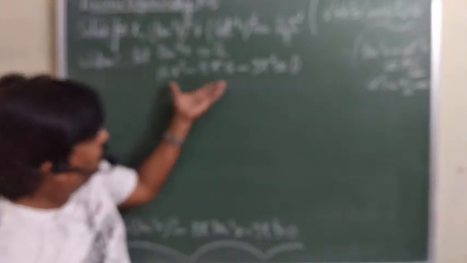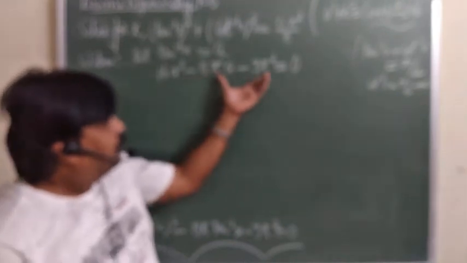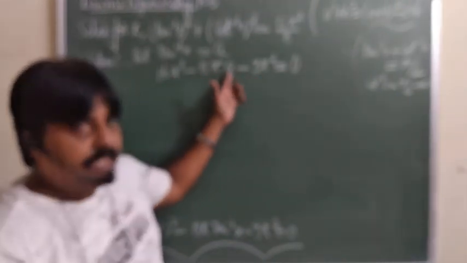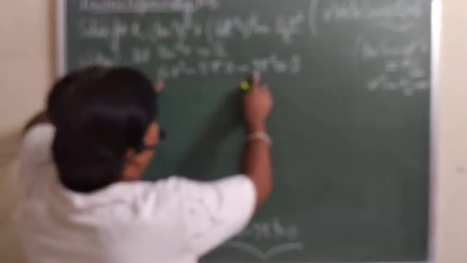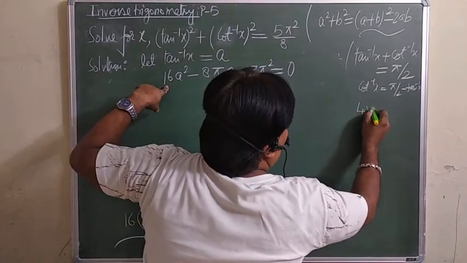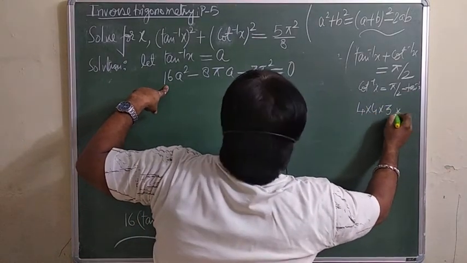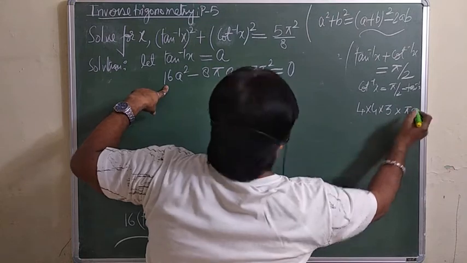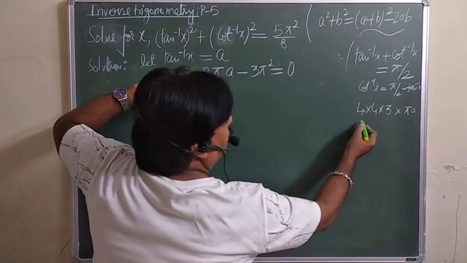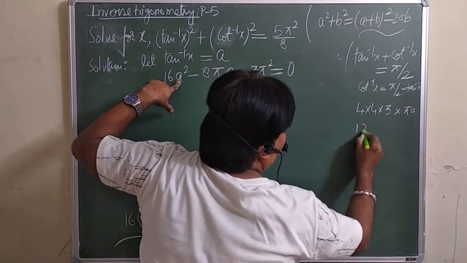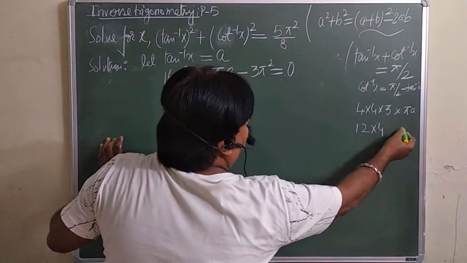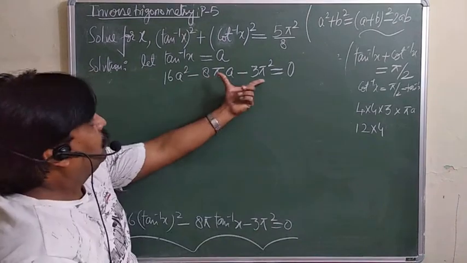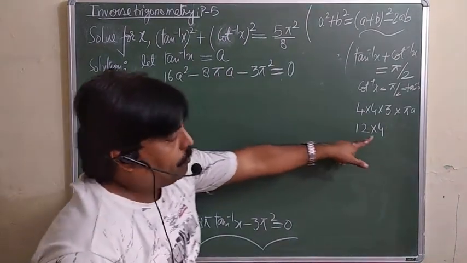So this is like a quadratic equation where a we are treating as a variable, and 8 pi, 3 pi and 16 are the constants. Splitting the middle term: 12 and 4, where 12 pi a times 4 pi a is the product, and 12 minus 4 is 8.